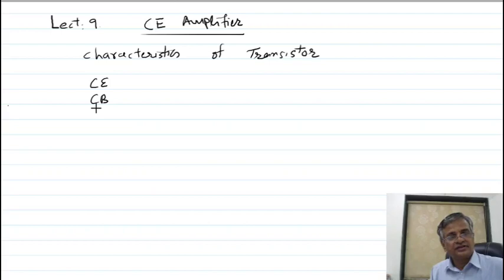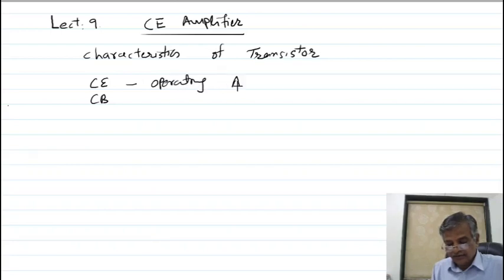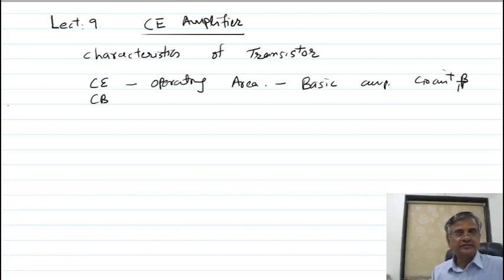Then we have discussed the permissible operating area. Then we have discussed its basic amplifier circuit. We have discussed current gain beta.